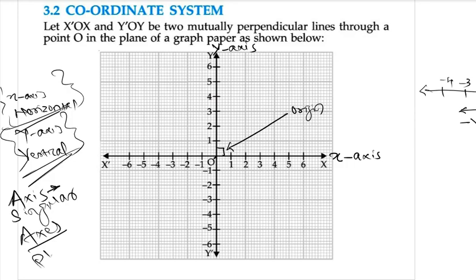Okay, so that is plural. So how many axes does the Cartesian coordinate system have? Two. Which axes are these? X-axis and y-axis, right? And where do they intersect? Origin. What is origin? 0, right? So that is your coordinate system. This is what is the coordinate system.